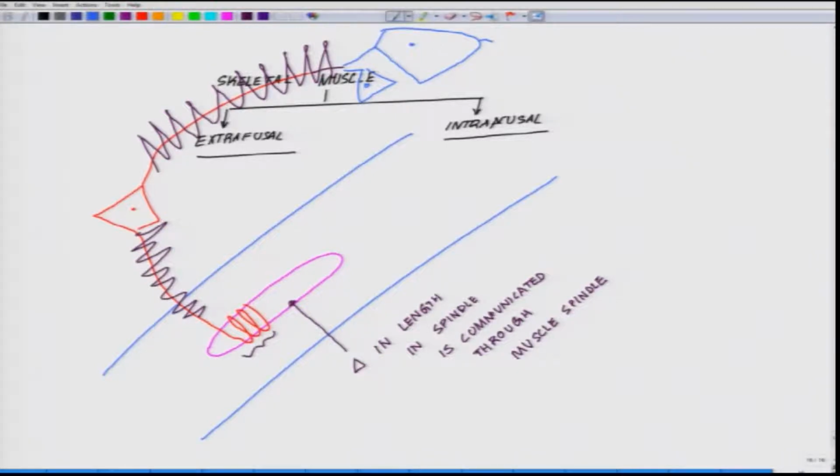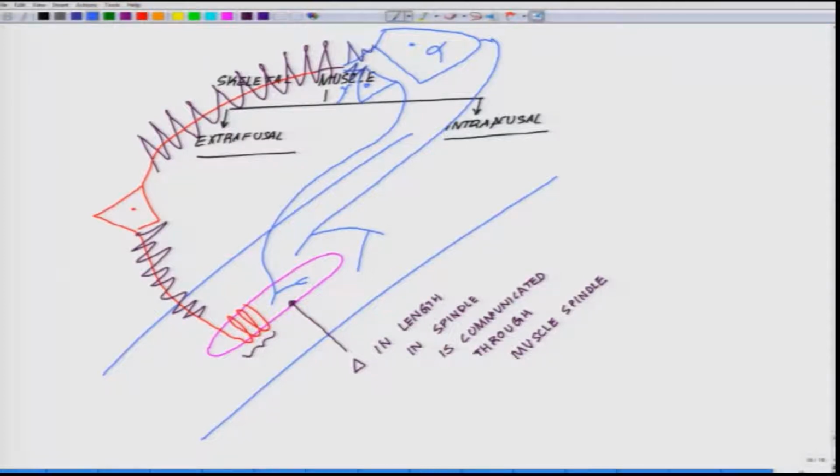One is called the alpha, the other one is called the gamma. The signal splits and synapses onto two different motor neurons. This gamma motor neuron brings the signal back to the muscle spindle, whereas alpha brings the signal to the muscle itself.